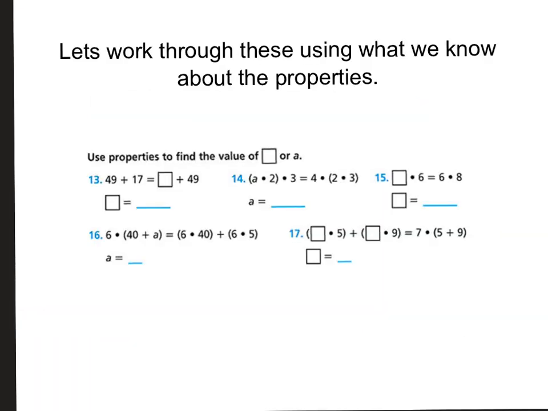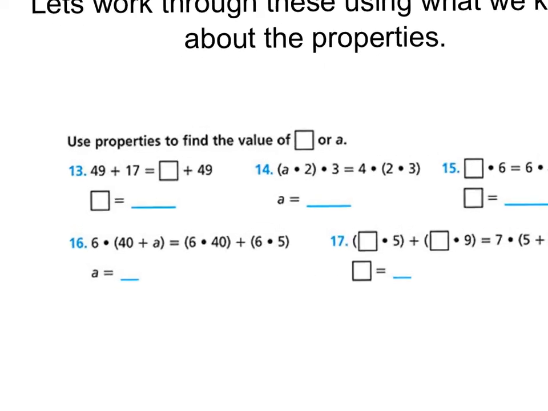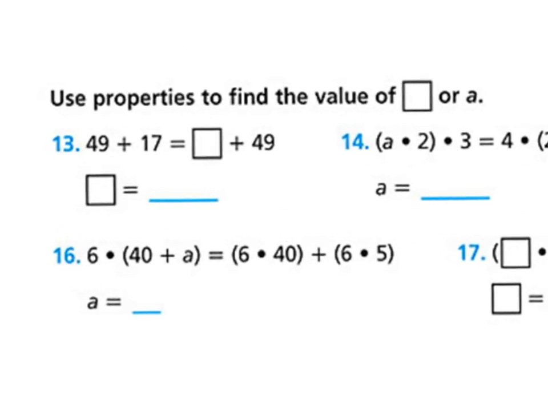Using what we know about the properties and what we've practiced a little using letters, we are going to find the value of the box or the letter A. Let's look at number 13. 49 plus 17 equals what plus 17?